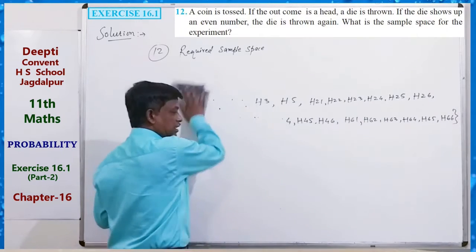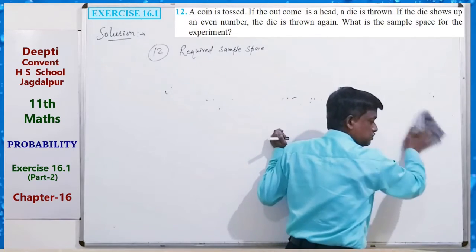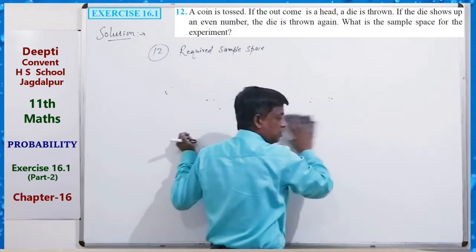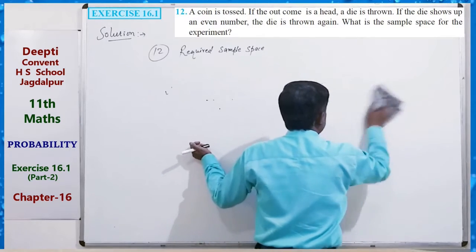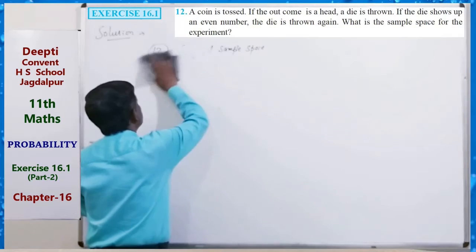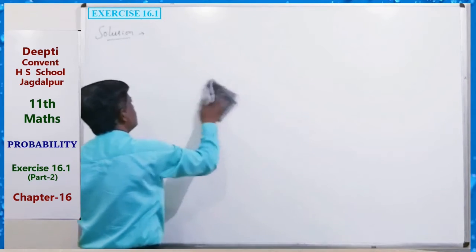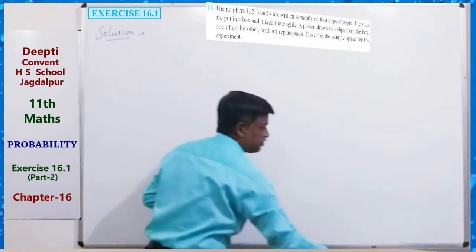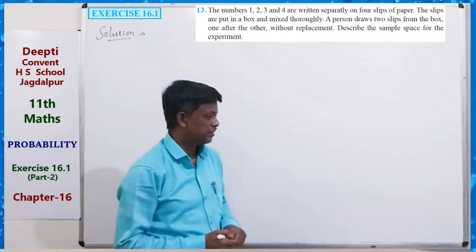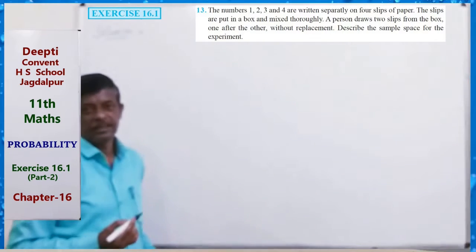Okay, and a person draws 2 slips from the box one after the other without replacement. Just from the box, a person selects 2 slips one after the other in succession. That means without replacement. And describe the sample space for this experiment.